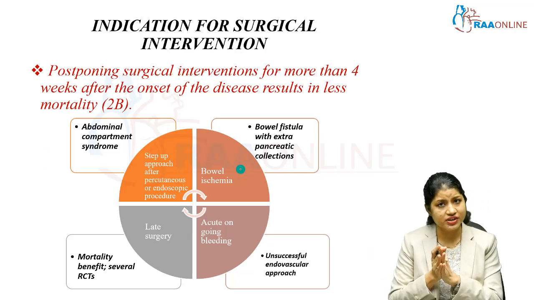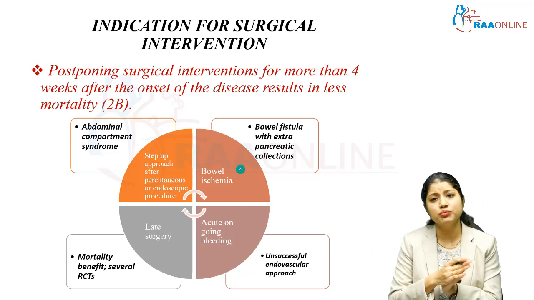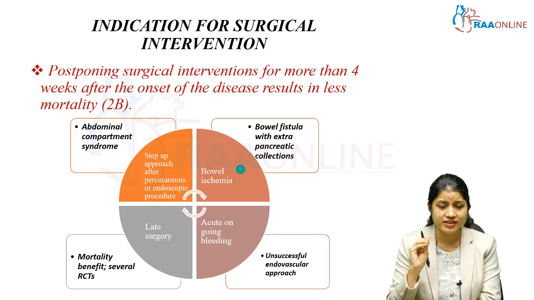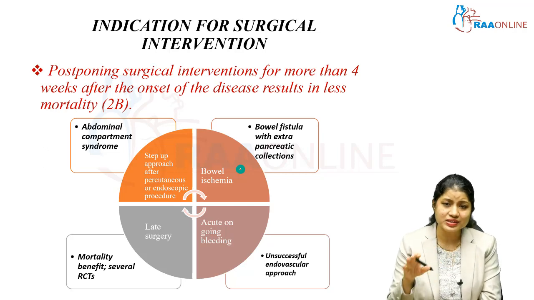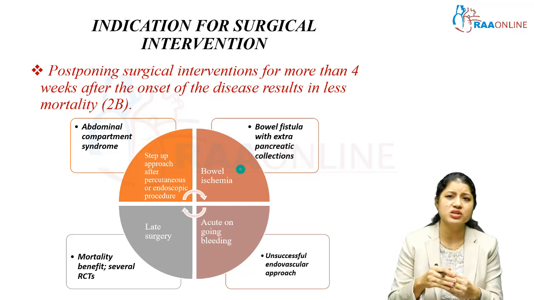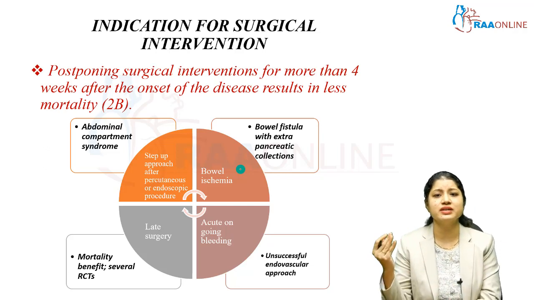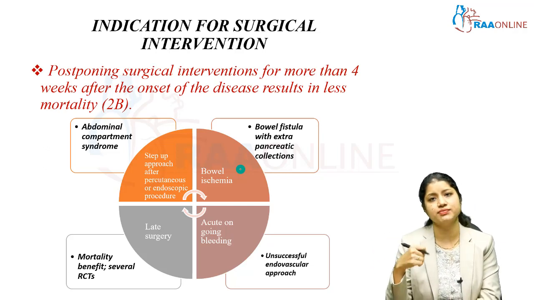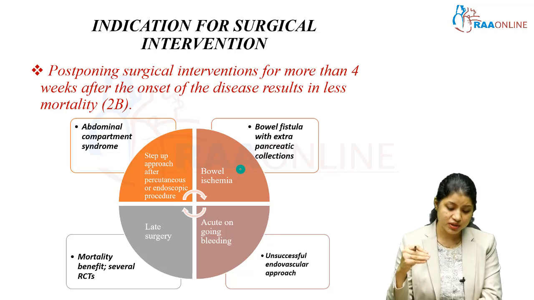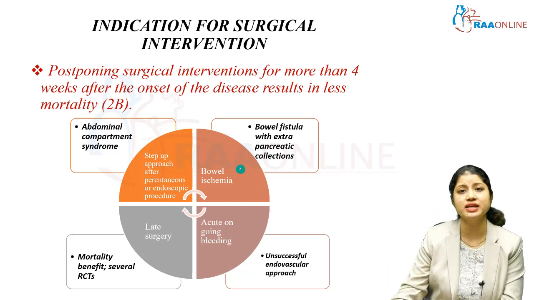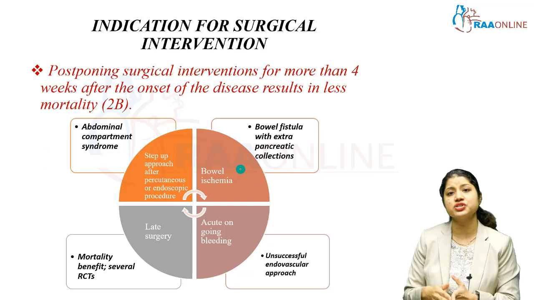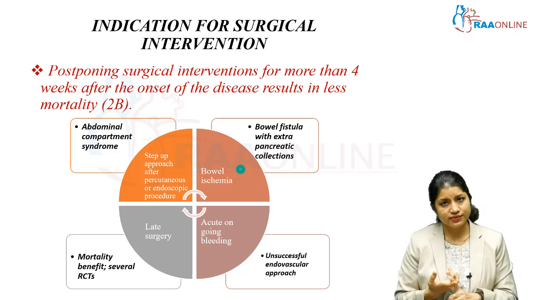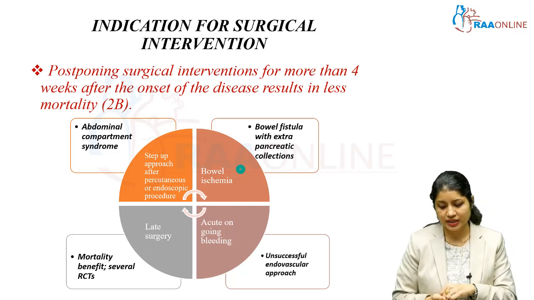Definitely surgical intervention has to happen. But most of the studies and guidelines say that in such indications it is, as much as possible, better to postpone surgical intervention to more than 4 weeks after the onset of the disease, because it has been shown in many studies that postponing surgical intervention beyond 4 weeks definitely results in less mortality.